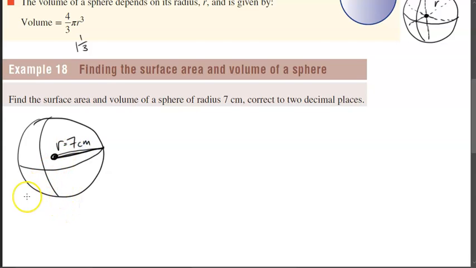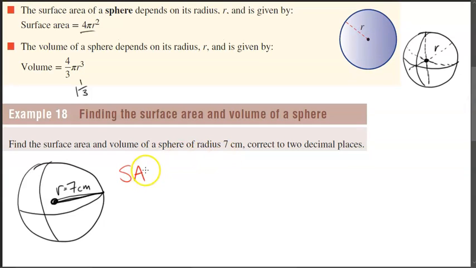And we're going to look for first the surface area. Now we don't have to say the total surface area, because total surface area implies that there are different areas that we have to add up. But there's only one face technically when it comes to a sphere, so we can just say surface area. The surface area in this case is 4 pi r squared.